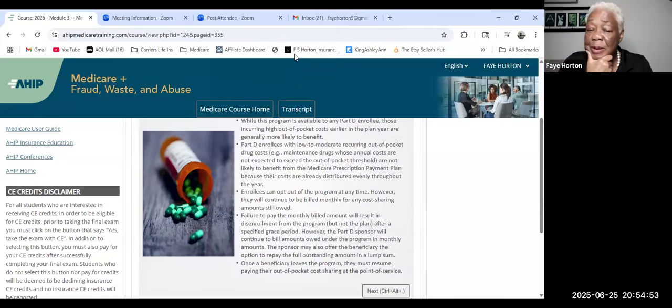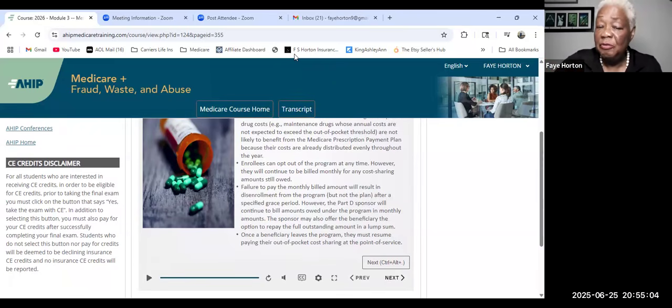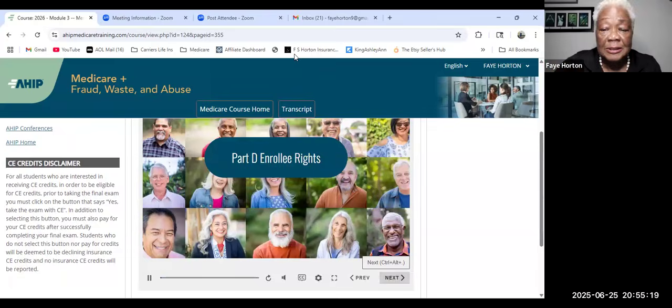However, the Part D sponsor will continue to bill amounts owed under the program in monthly amounts. The sponsor may also offer the beneficiary the option to repay the full outstanding amount in a lump sum. Once a beneficiary leaves the program, they must resume paying their out-of-pocket cost sharing at the point of service.